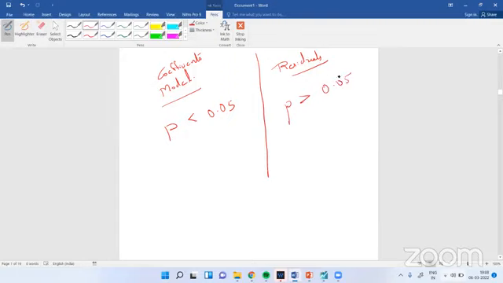This is the basic difference in these two cases, right? This you should remember. So if the residuals are having a p-value more than 0.05, it is a good sign. And here if it is less than, it is a good sign.